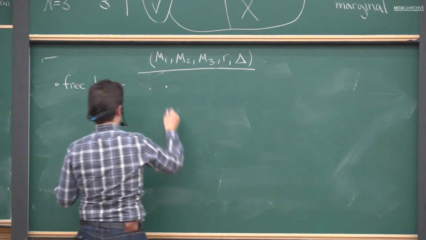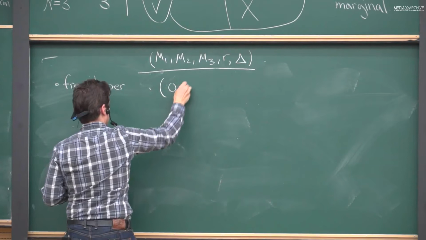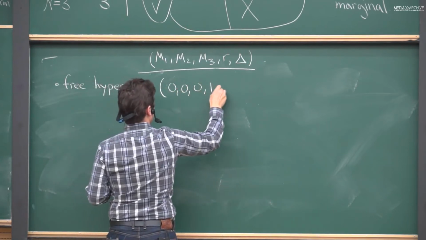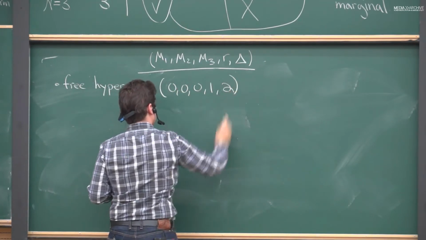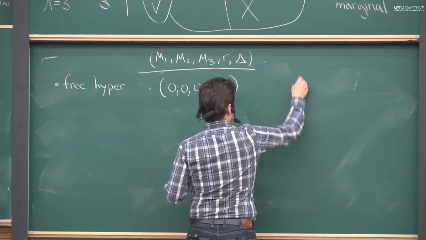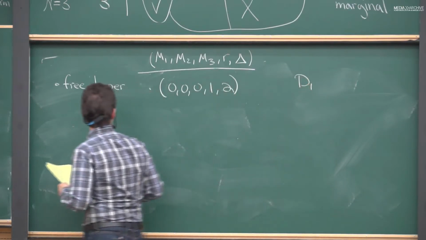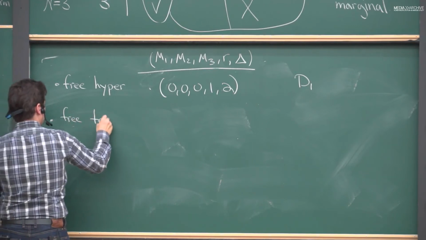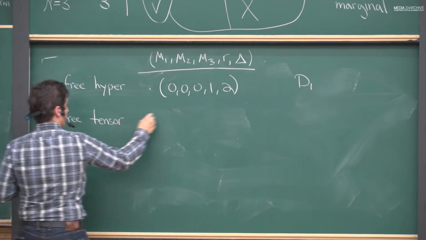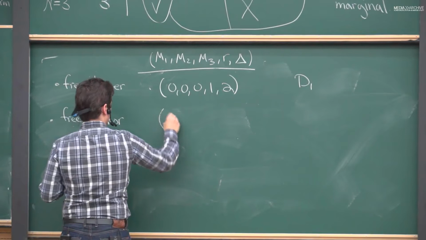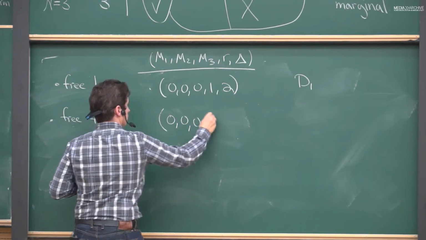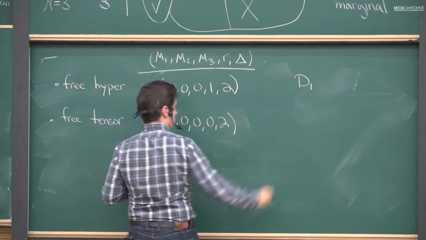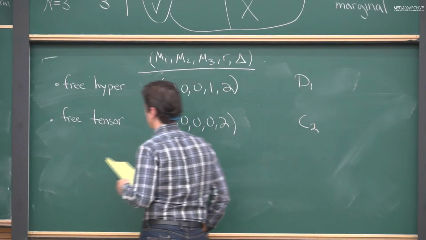The free hyper has this set of numbers equal to 0, 0, 0, 1, 2. And this is a D1. The free tensor has 0, 0, 0, 0, 2. And this is a C2.